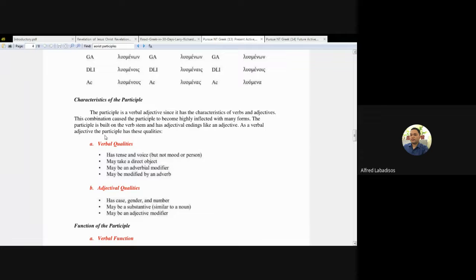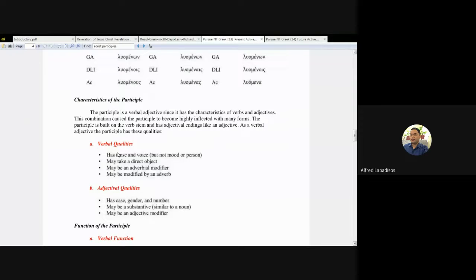As a verbal adjective, the participle has two sets of qualities: verbal qualities and adjectival qualities. What makes the participle a little bit difficult is that it has these two.